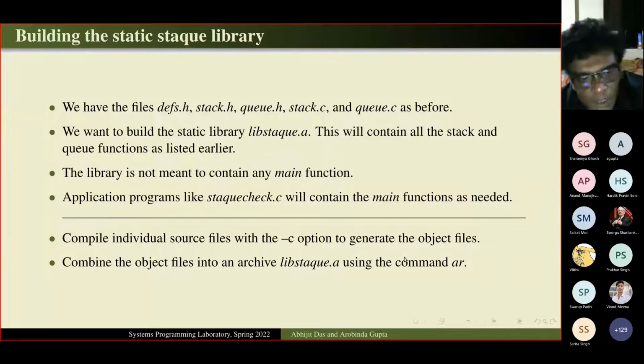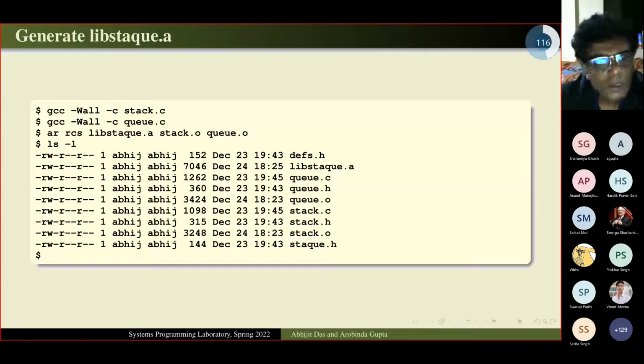So let us see how we can do it. First of all, gcc -c stack.c. And it's always a good practice to run it with -Wall or maybe -W itself. This will generate stack.o. Then you compile q.c with the -c option. It will generate q.o. Eventually, you prepare this archive. So rcs is a set of directives. You look at the man page of ar to understand what exactly r is, what exactly c is, what exactly s is. If you do not fully understand, don't worry.